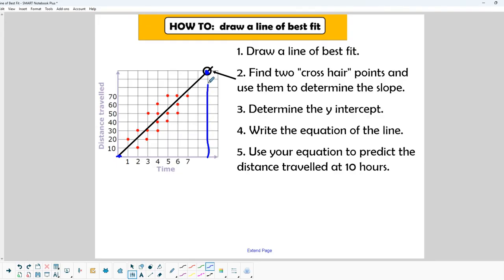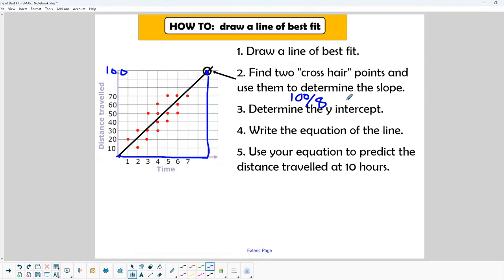rise and your run. So in your rise here, that would be to go from here all the way up to here. That would be 70, 80, 90. That would be a rise of 100, right? So the slope of this line would be an increase of 100 over 8, because you want to go over 8 on your graph to get there.